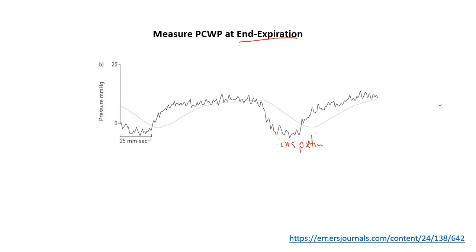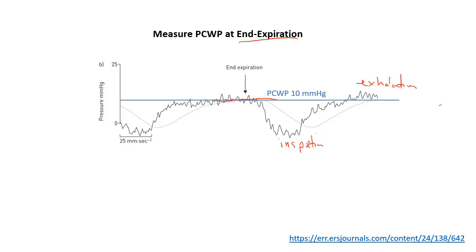As we exhale, we return pressure to atmospheric, so this must be exhalation. It's going to be higher pressure. So if we measure at end expiration, we have to measure our wedge right about there. And there we go. Our wedge is 10.